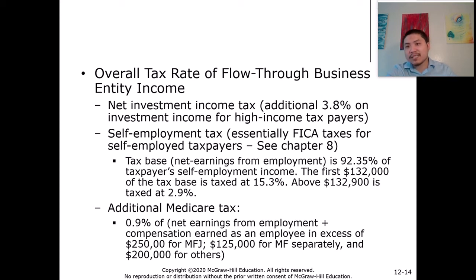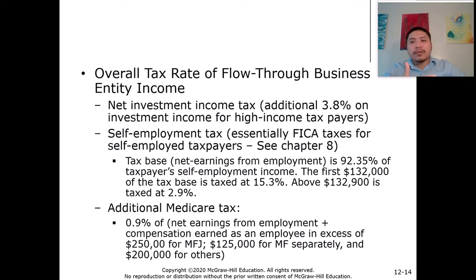So remember, FICA tax has the employee portion and the employer portion, and each portion is going to be the same. It's 6.2% of Social Security tax plus 1.45% of Medicare tax.